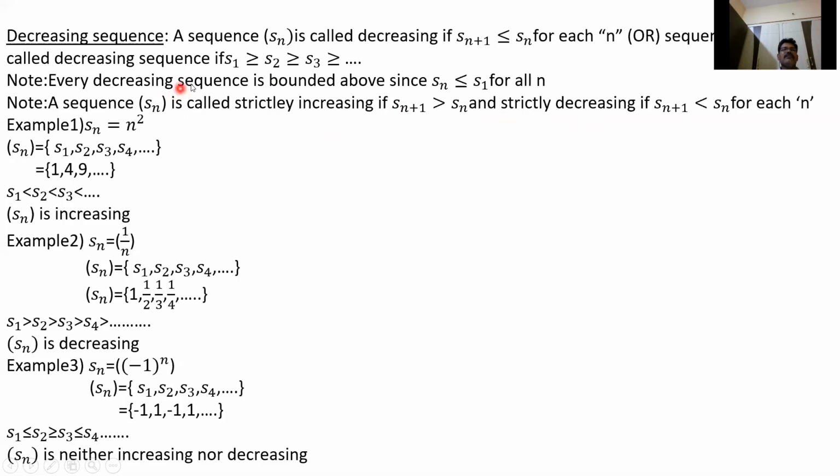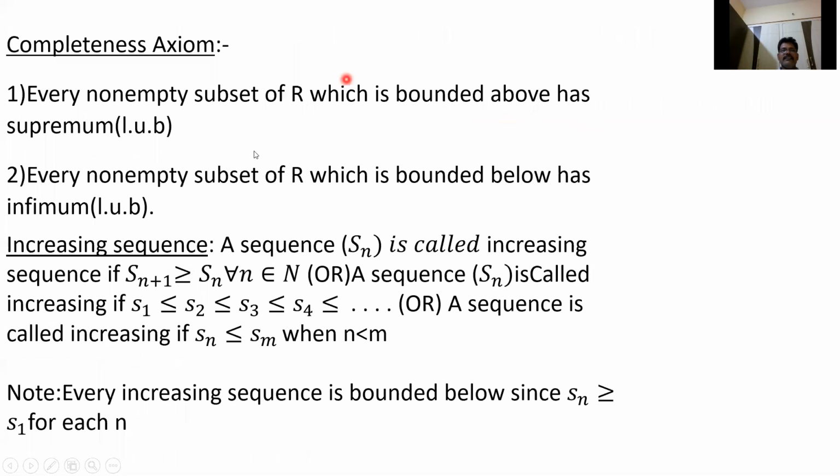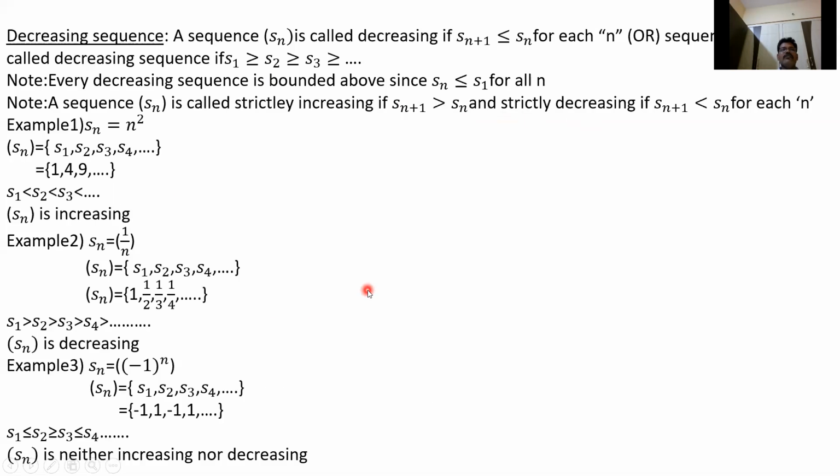That means it is strictly decreasing if S1 greater than S2 greater than S3 greater than S4 and so on. It is strictly increasing if S1 less than S2 less than S3 less than S4 and so on, for each n.